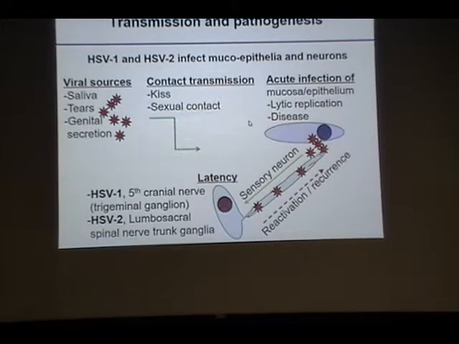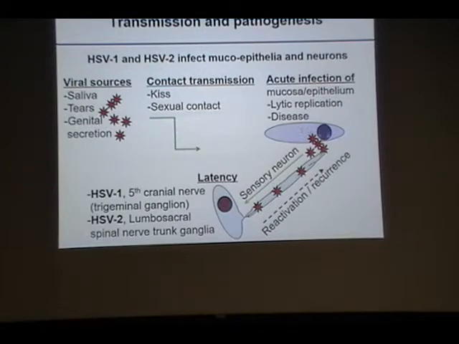So, as I already talked about earlier, when the herpes simplex virus first attacks you, it will attack the mucosal epithelial cells. During this acute infection process, the infected cells will produce new viruses, and the cells eventually get lysed, and that's why you have a lesion, right?